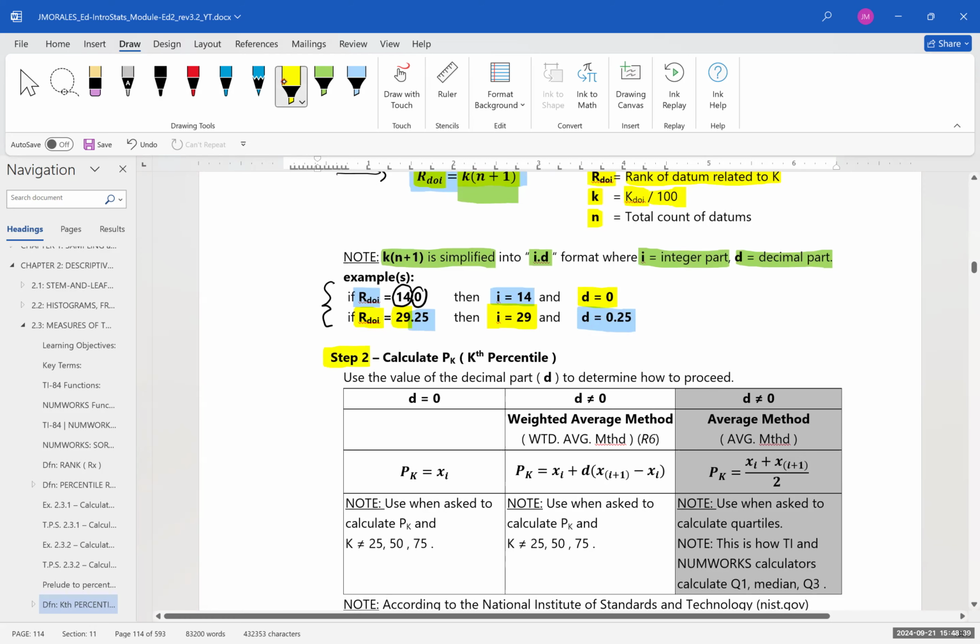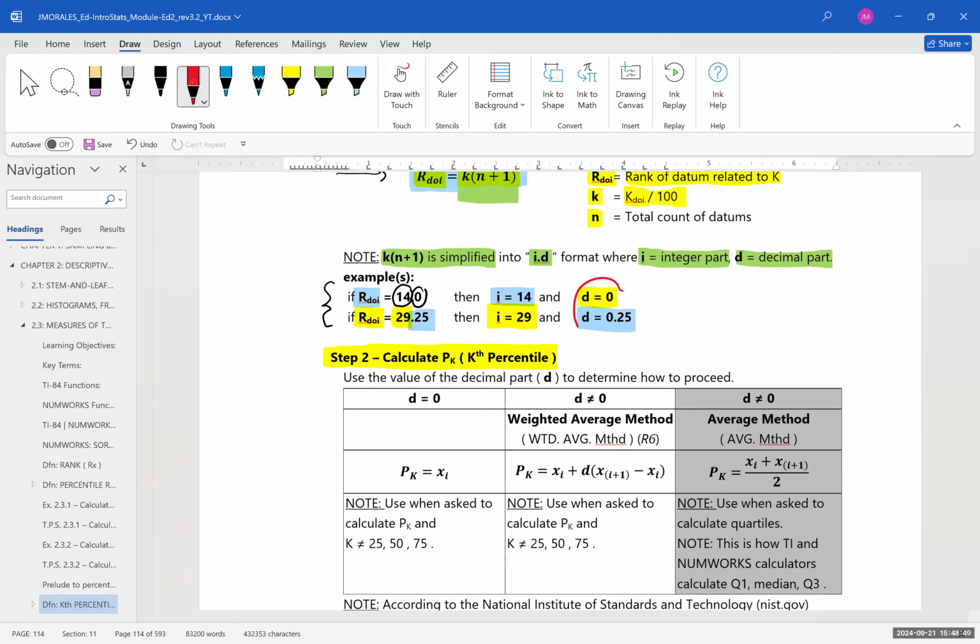So step 2 is to calculate the kth percentile. Depending on the value of the decimal part, whether it's equal to 0 or not equal to 0, is going to determine what formula you use down below.